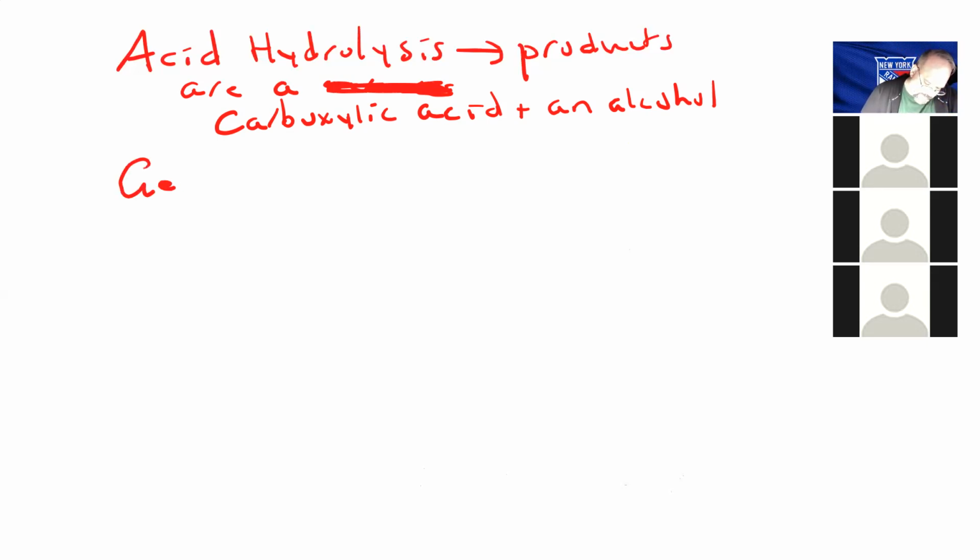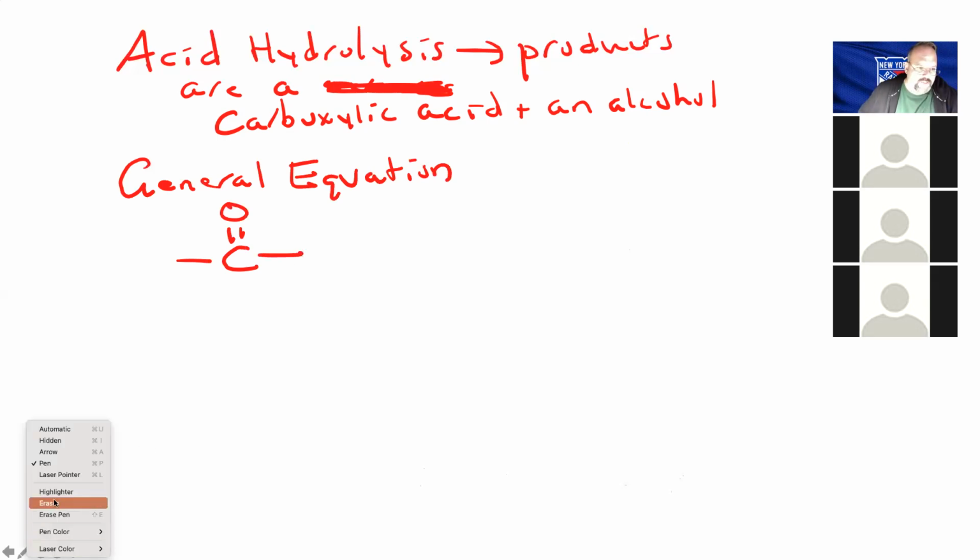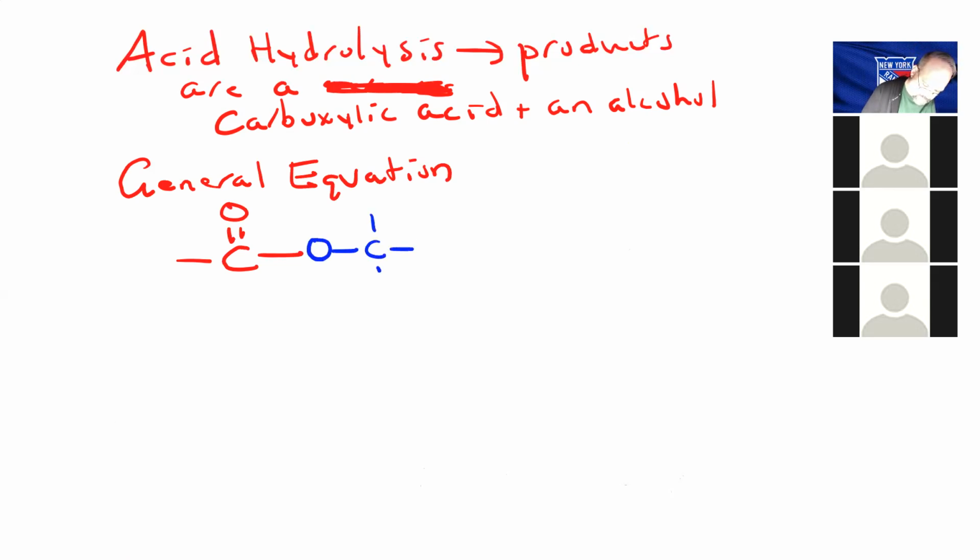All right. So let's take a look at a general equation for this process. And I'm just going to use some colors again. So we've got our ester, we've got water, we've got acid.